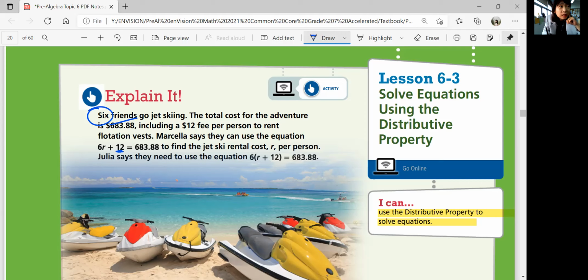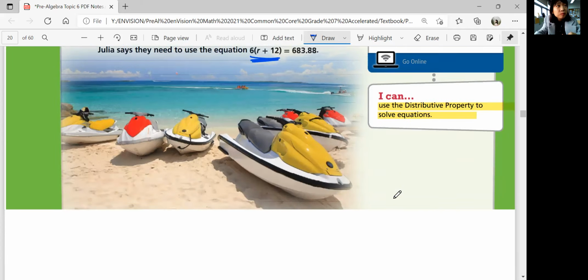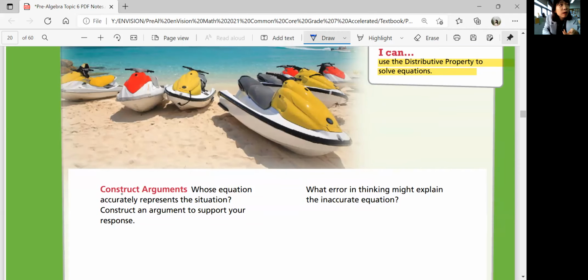Or do you need 6 of the ticket and then 6 flotation vests? You need to add first, and that's the total per person, and you multiply that by 6, right? So Julia would be correct. Marcella is incorrect.